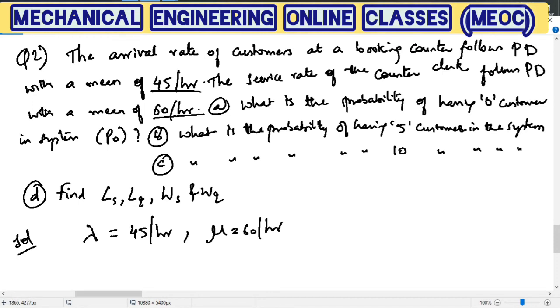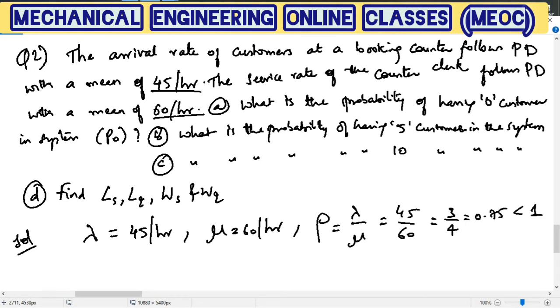Let us find the traffic intensity rho. Rho is nothing but lambda by mu, which is 45 by 60, which is 3 by 4, 0.75. So this is less than 1. So this is a steady state situation.